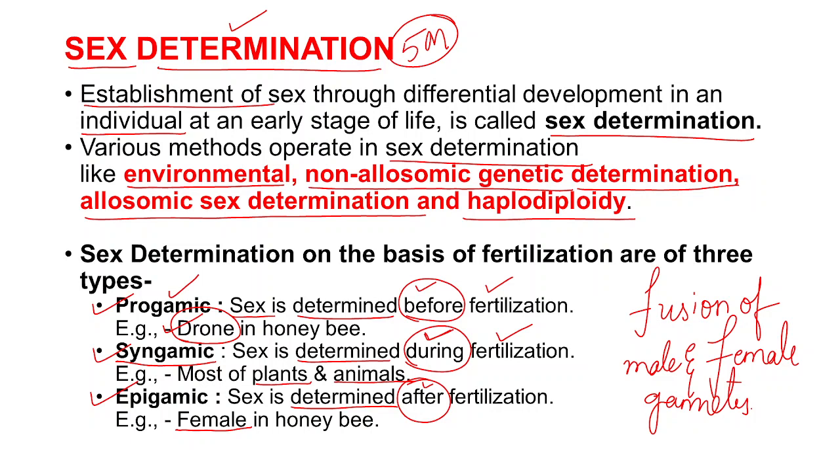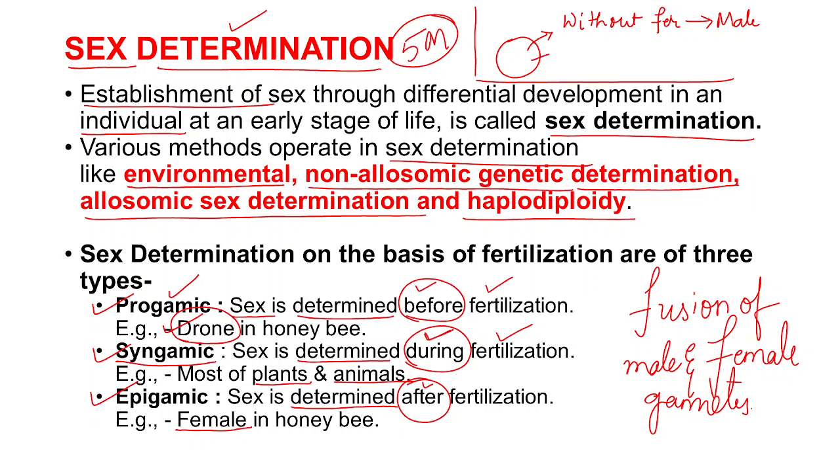How exactly is the sex determined in the female honeybees? Very important, I will explain the sex determination of honeybees very clearly. Honeybees will lay eggs. If the egg develops without fertilization, it will develop into male. Do remember.